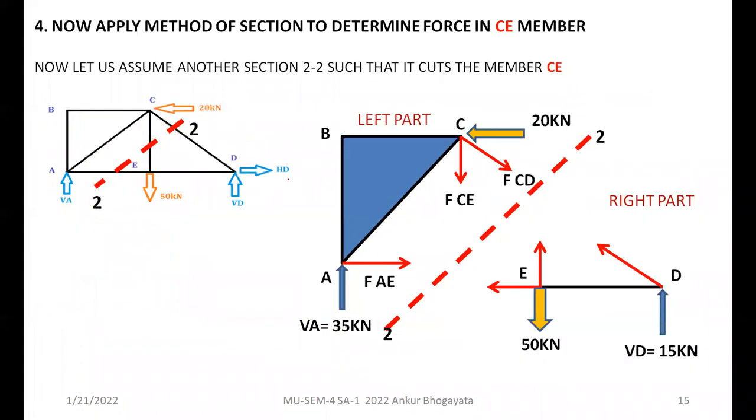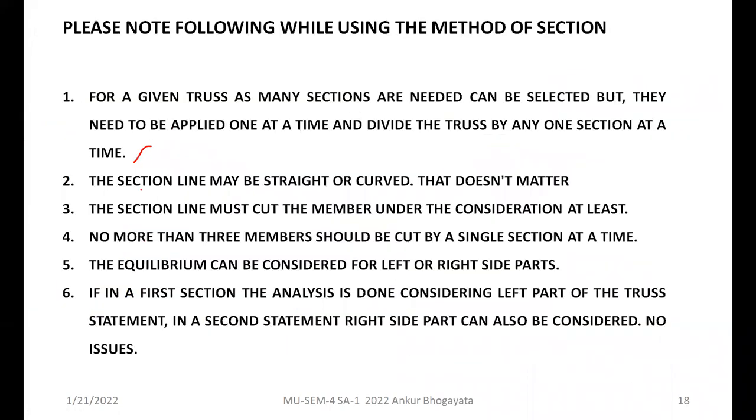So instead of this straight line, I can use a line like this also. That is the second point. The section line must cut the member under consideration at least. So out of 3 members, 1 member should be the member in which we want to find the force. This is a basic need, without which there is no meaning of using the method of sections.